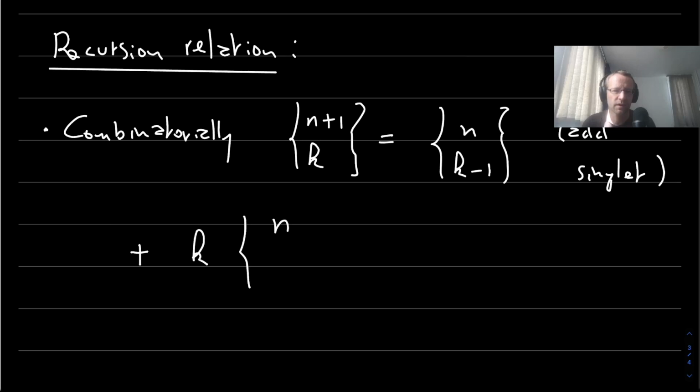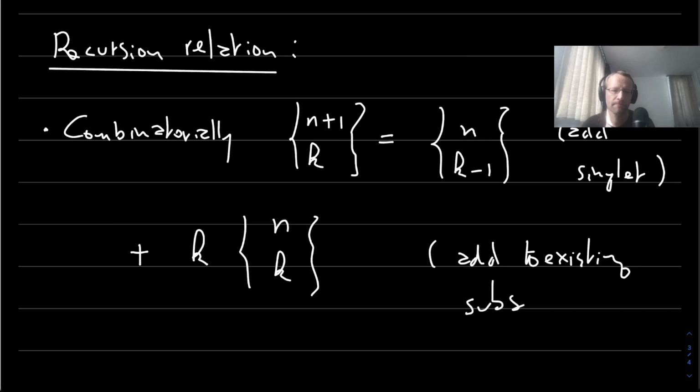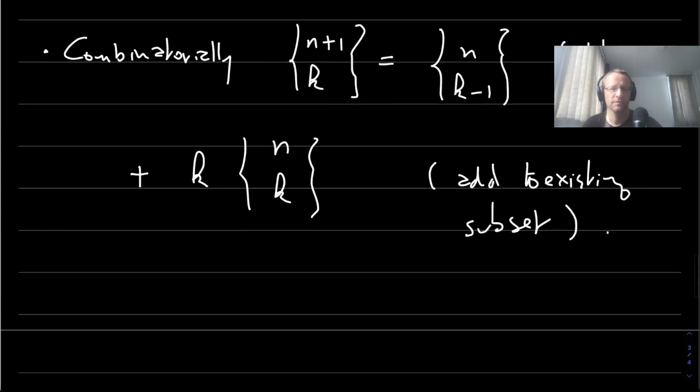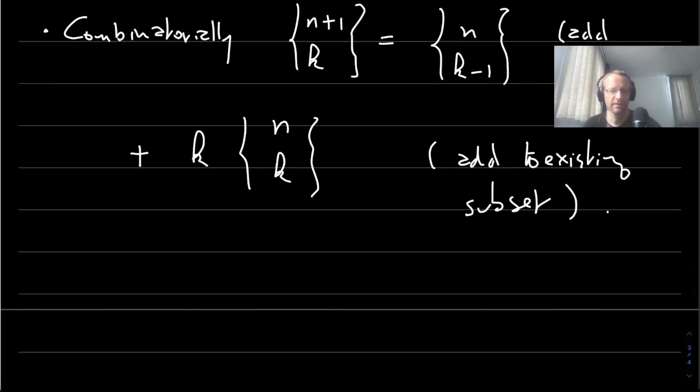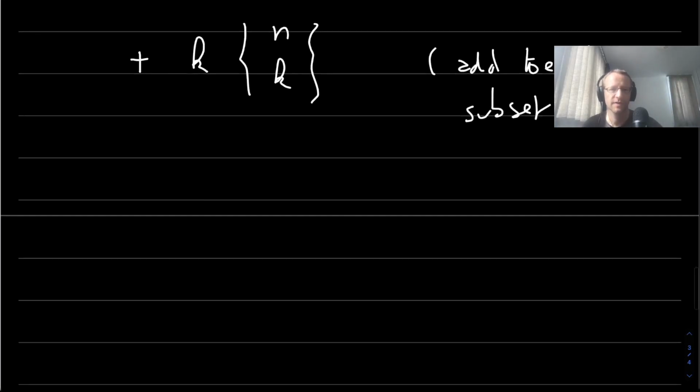So this would be, I have k subsets, and I add the element to one of those k subsets, that is, add to an existing subset. There we go. So this is the recursion relation for the Stirling numbers of the second kind.